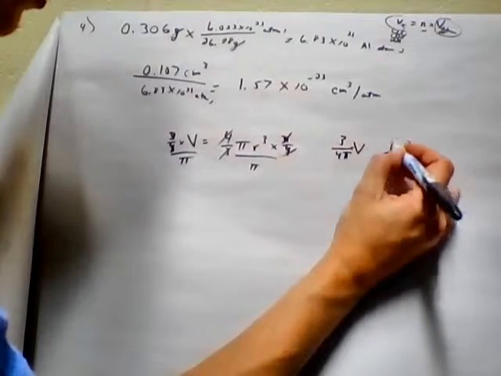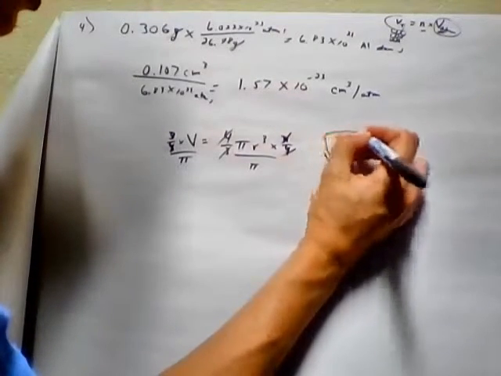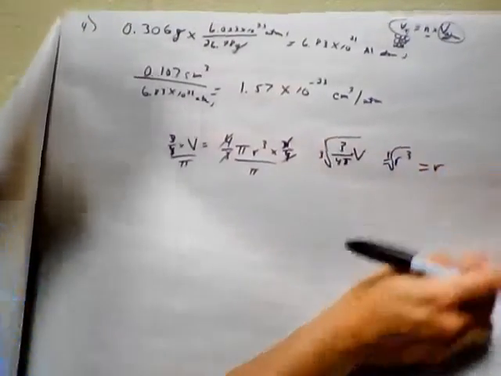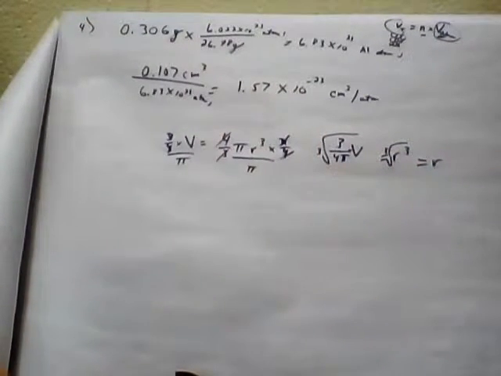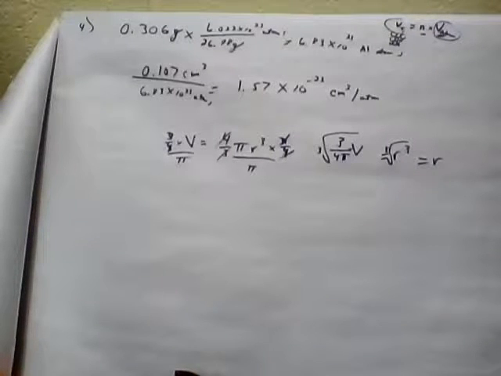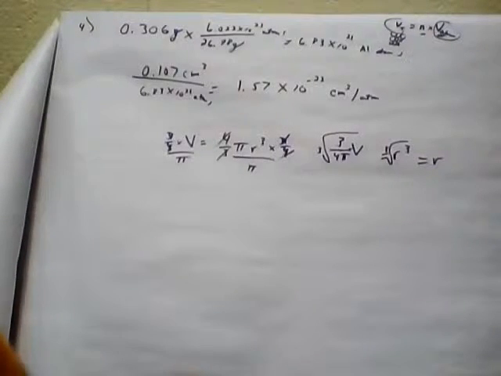And then we're going to do the cube root, which on your calculator you can do as r cubed raised to the 1/3 when you solve for that, or on scientific calculators there's another way with the cube root button.